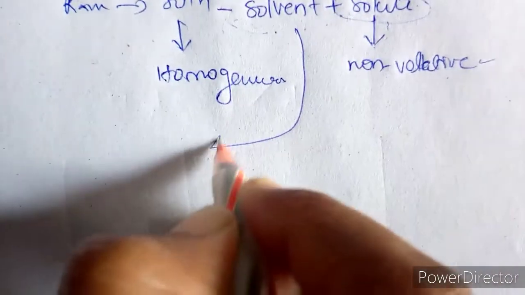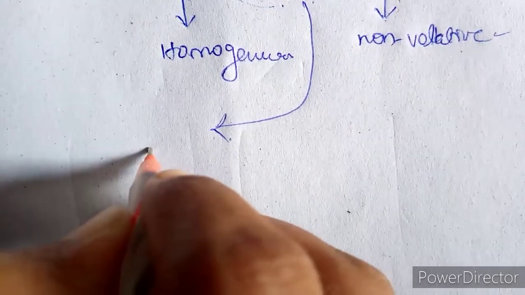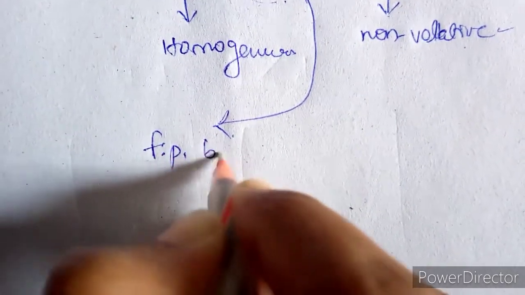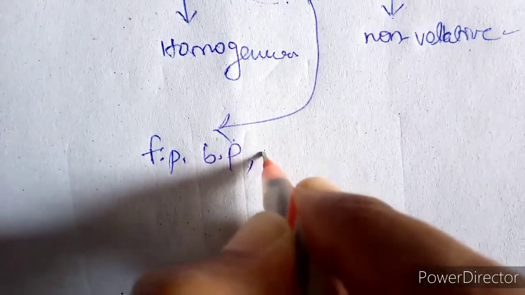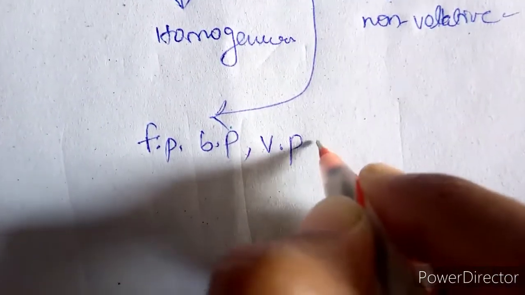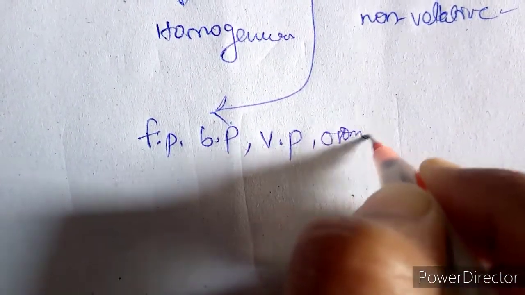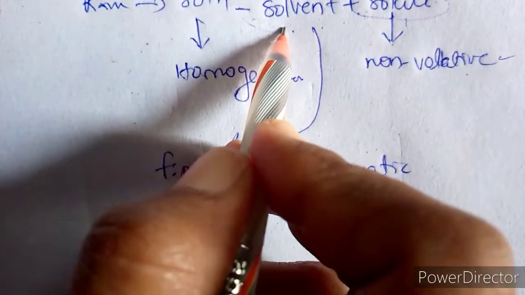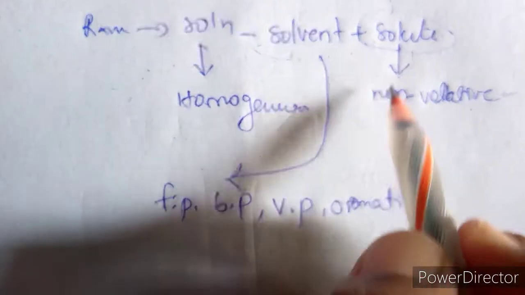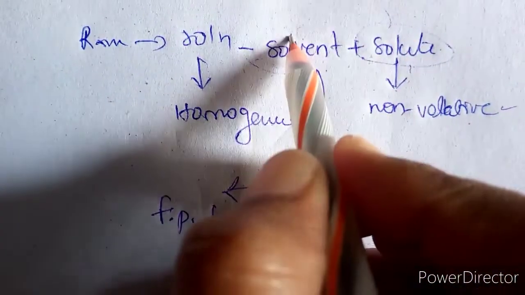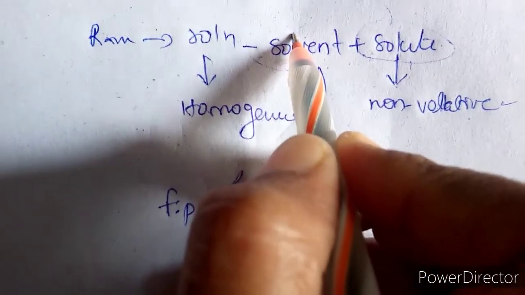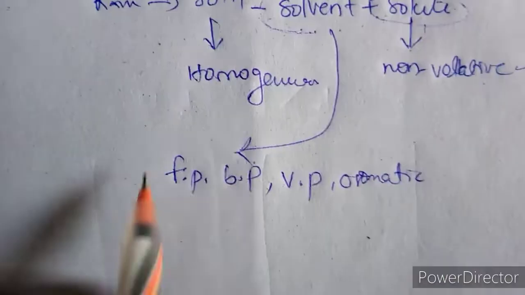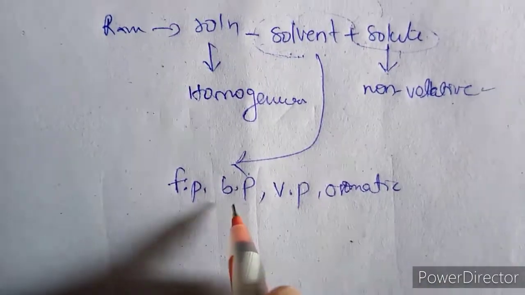Solvent has some physical properties like freezing point, boiling point, vapor pressure and osmotic pressure. These are some physical properties of the solvent. But whenever a solute is dissolved in a solvent, based on the number of particles dissolved, these physical properties change.